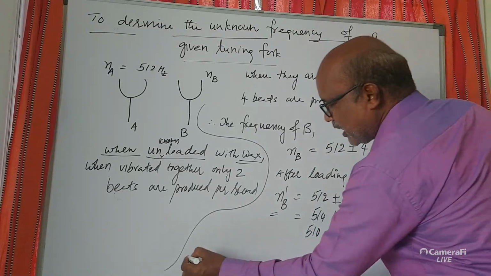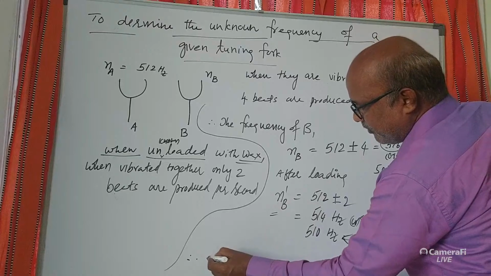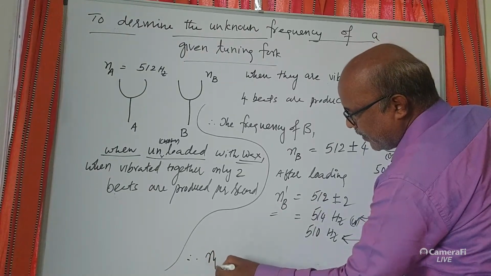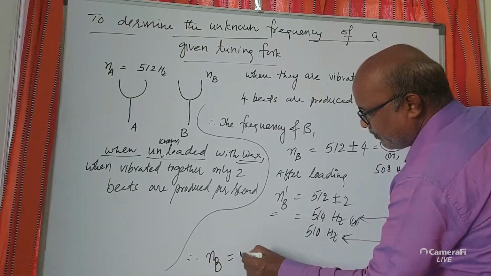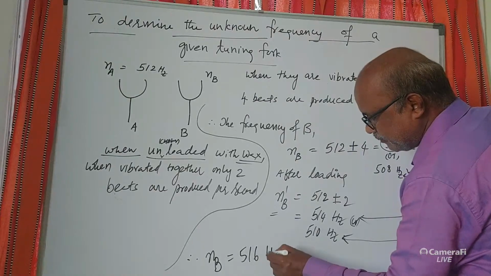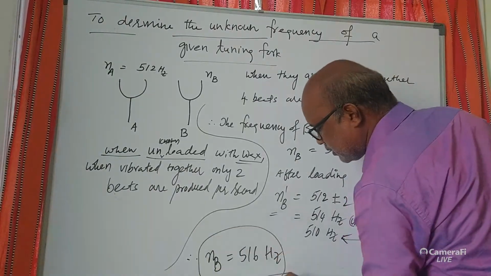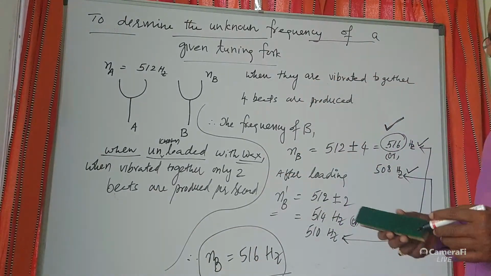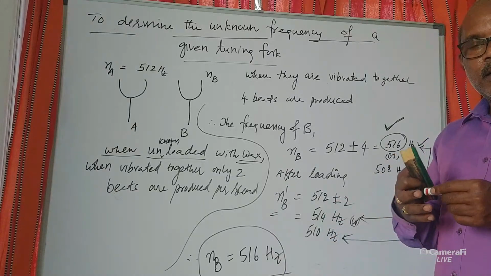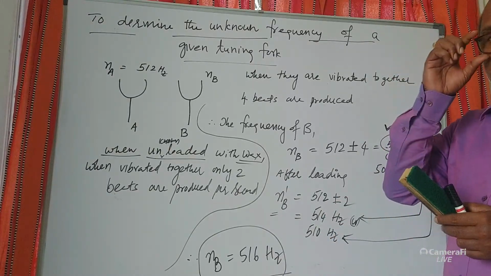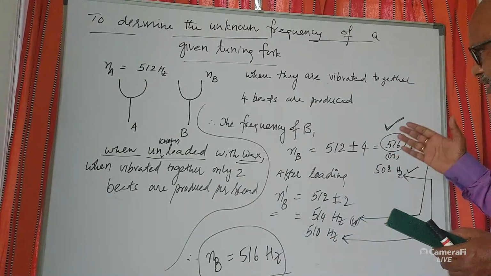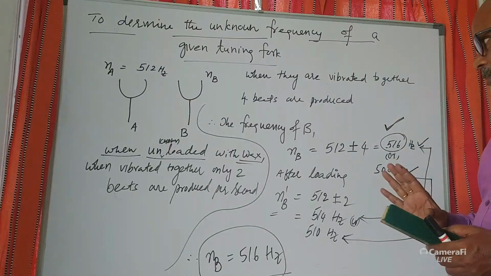Therefore the actual frequency of B is 516 Hz. In this way we can determine the frequency of B. Very simple to understand.